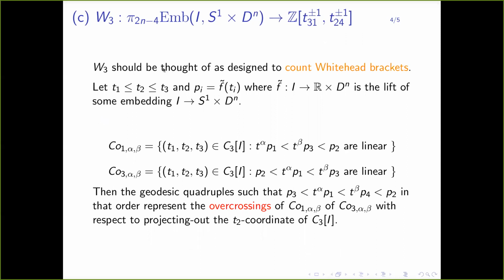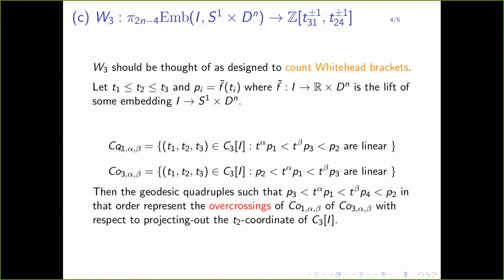So W3 should be thought of as something that's cooked up to count Whitehead brackets. Let me tell you what I mean, because it's hard to make sense of it otherwise. If you take triples of points in an interval, and we look at the corresponding points under a particular embedding, if we got a lift of an embedding of an interval in S1 cross Dn, there are these collinear triples that I call co1ab, and oh, I messed that up.